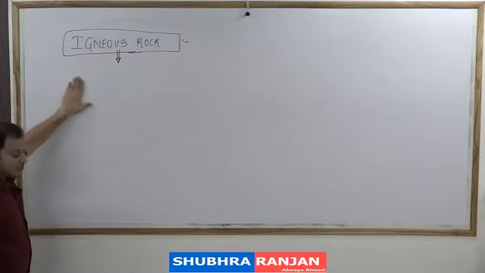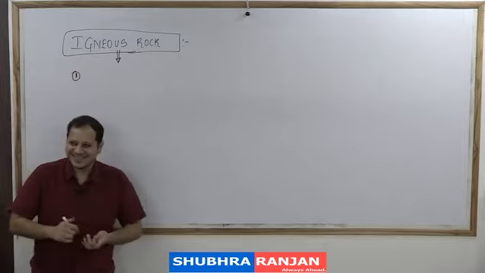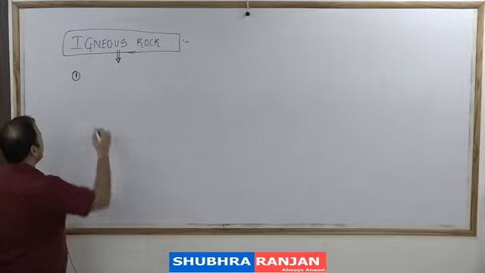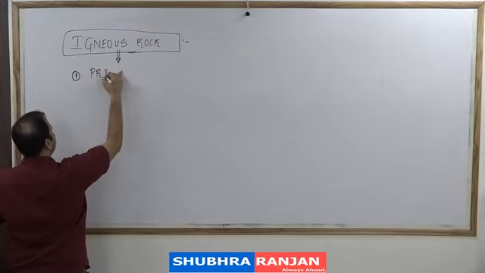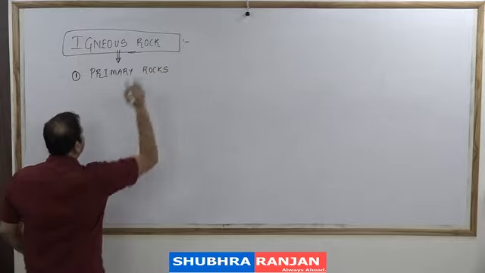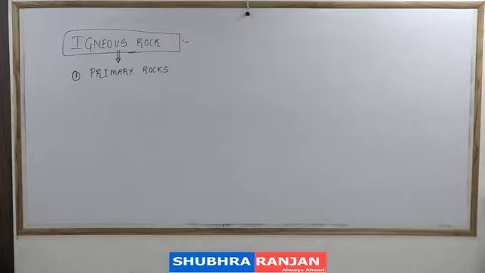So coming to the igneous rocks, you can take down, these are the parent rocks, or primary rocks. Because they were the first rocks.